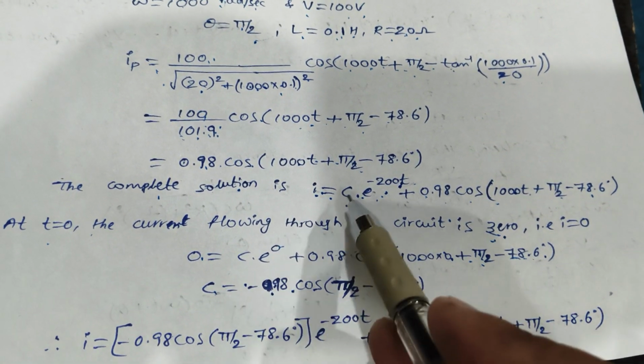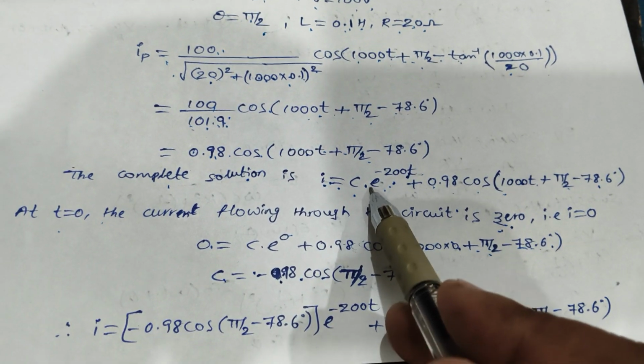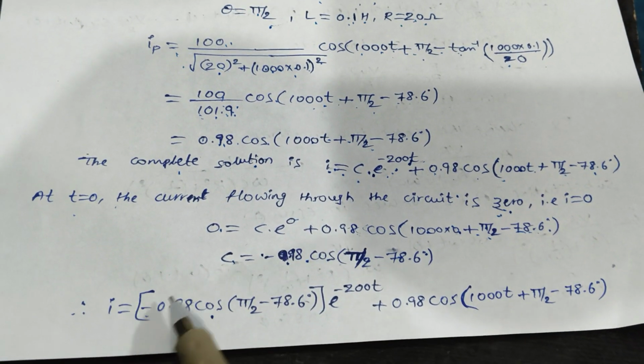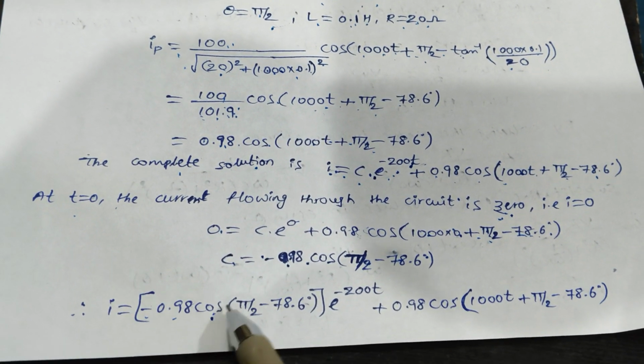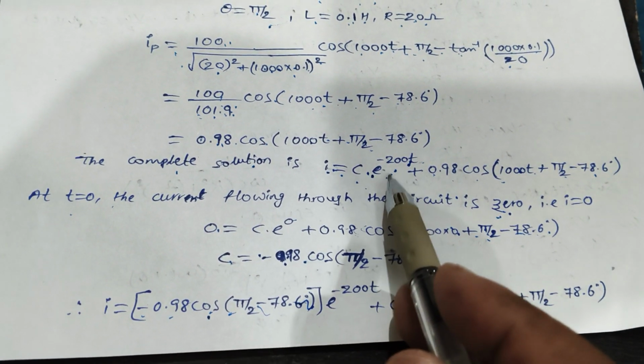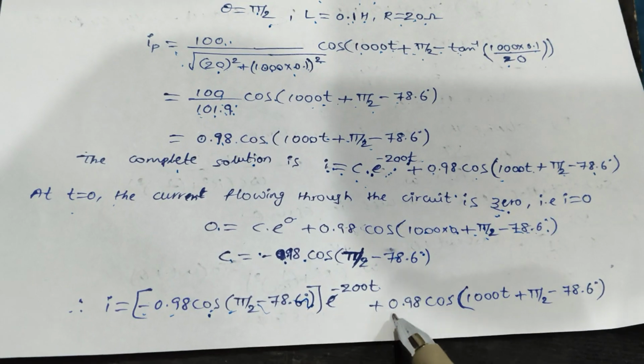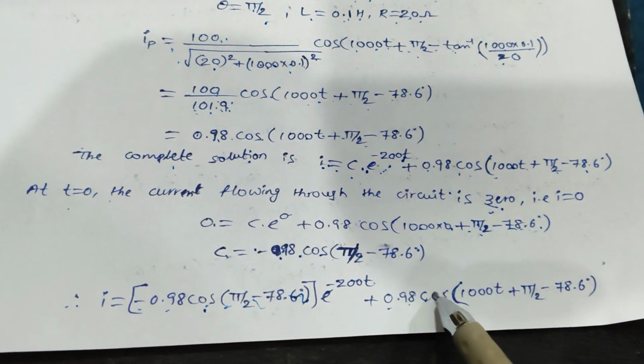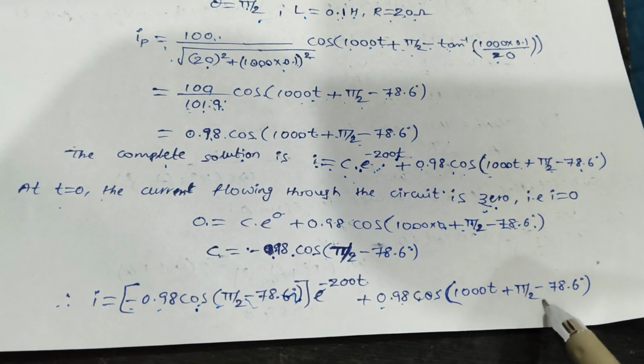Substituting this C value in the complete solution, I get i equal to minus 0.98 cos(π/2 minus 78.6) e^(-200 t) plus the remaining term, 0.98 cos(1000 t + π/2 minus 78.6).